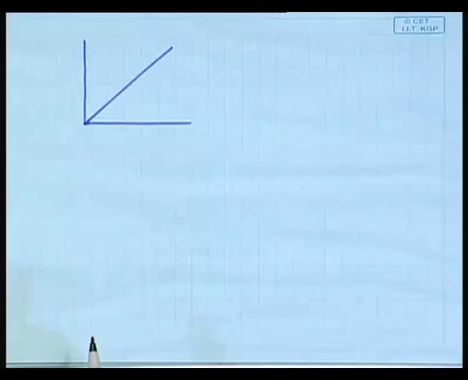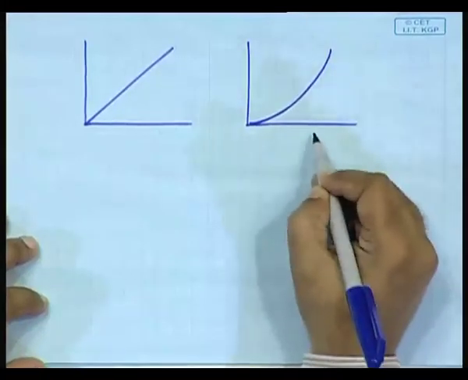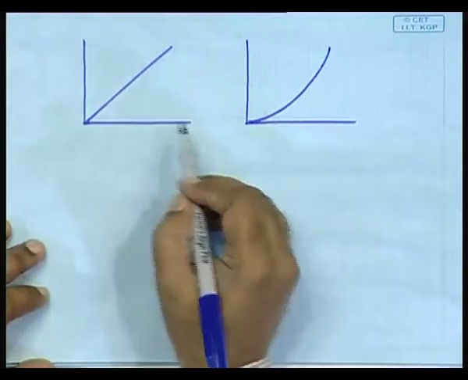Anything else? Maybe exponential also. I mean, we do not normally come across such functions, but nevertheless we can imagine there could be an external forcing function that is an exponential function. So, you can also think of an exponential function. So, here what is the x axis, what is the y axis?